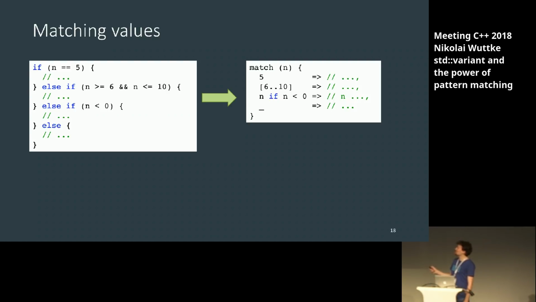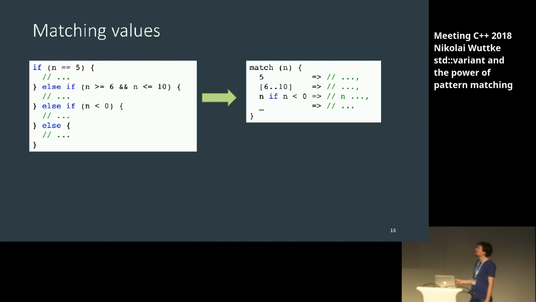It's a much more structured approach. Instead of this more verbose if-else-if, where you have to find the relevant parts between all the syntactic noise, it's a very clear, almost table-like thing, where you see your patterns on the left, and on the right what you want to do when this case happens.